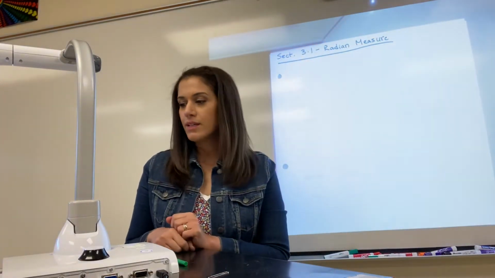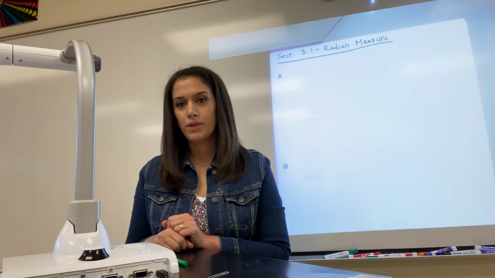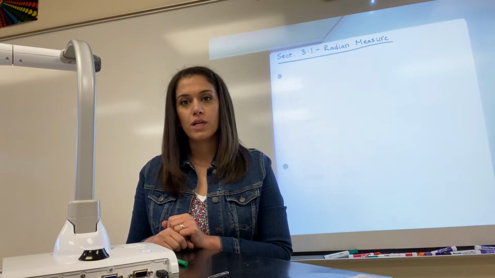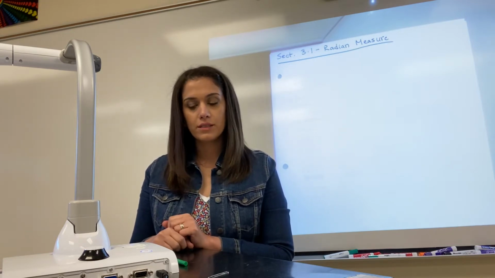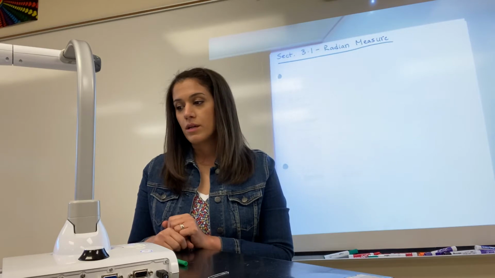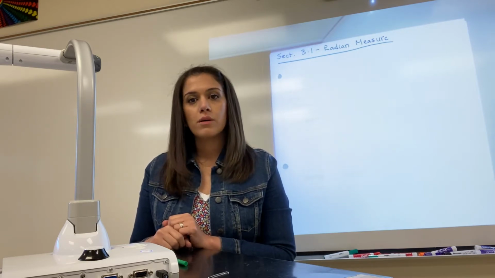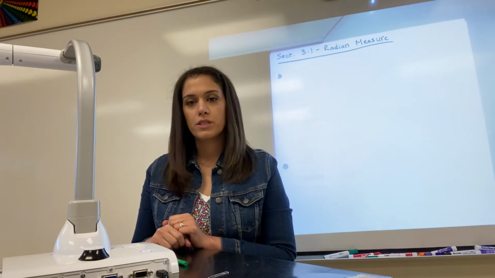Okay, hello everyone. This is section 3.1 and it's about radian measures. As you know, so far we talked about angles in degrees, and we found trig functions for these angles measured in degrees.